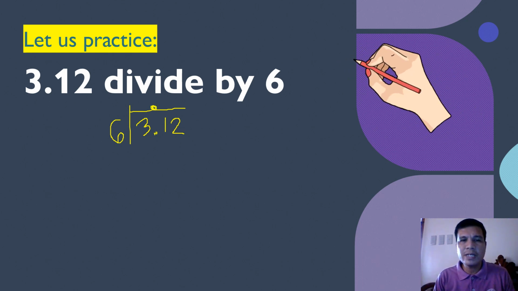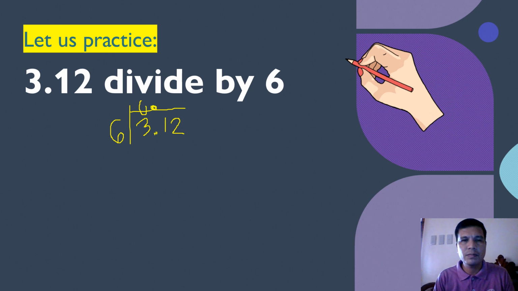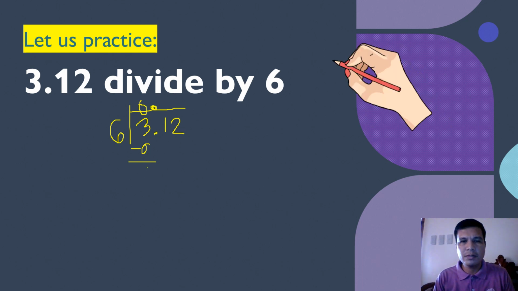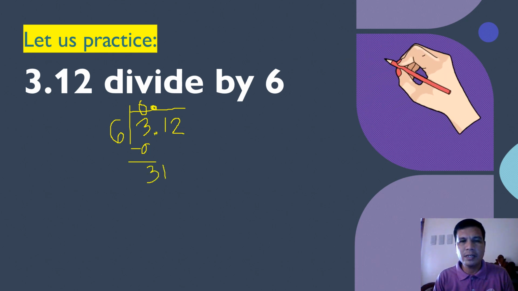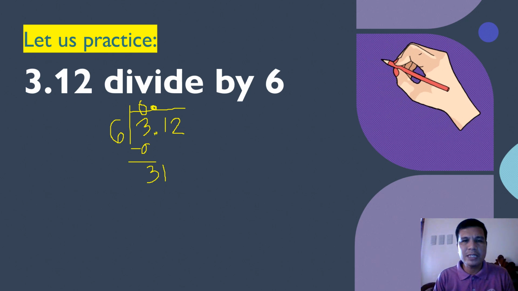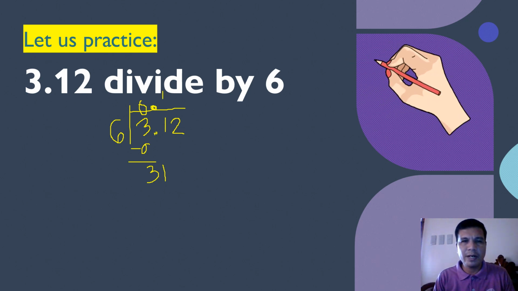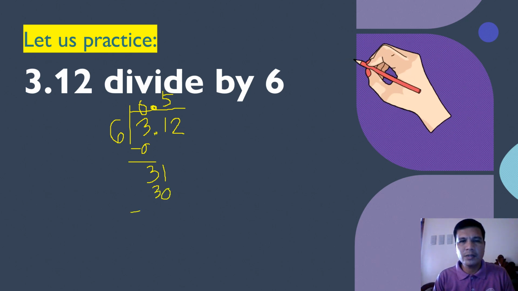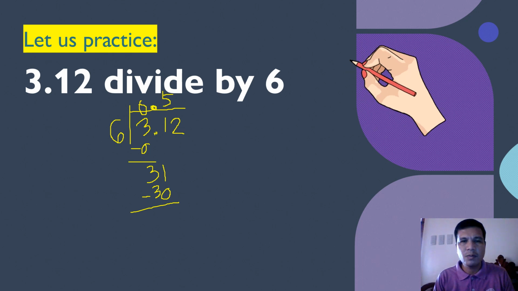So, 3 divided by 6 is 0. 0 times 6 is 0. 3 minus 0 is 3. Then bring down 1. 31 divided by 6 is 5. And 5 times 6 is 30. 31 minus 30 is 1.